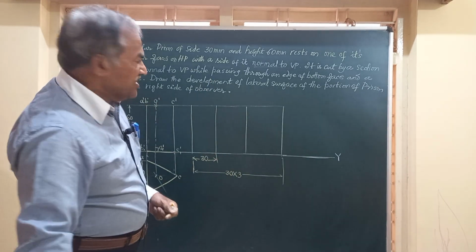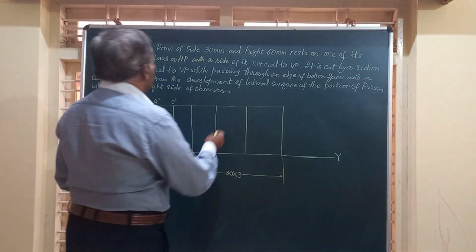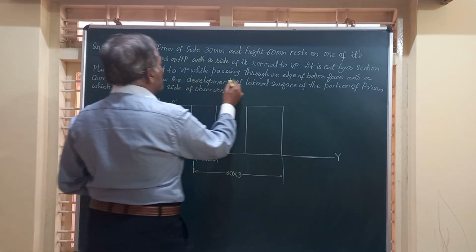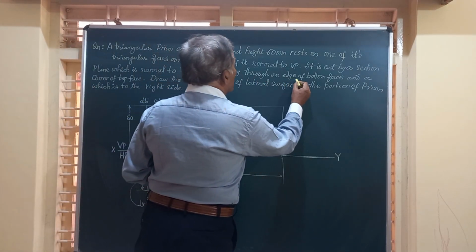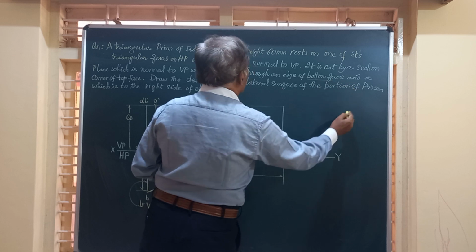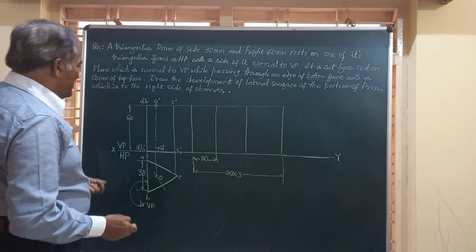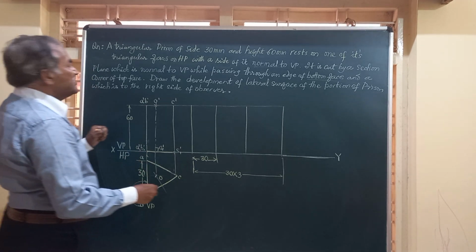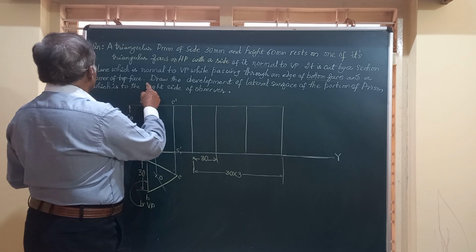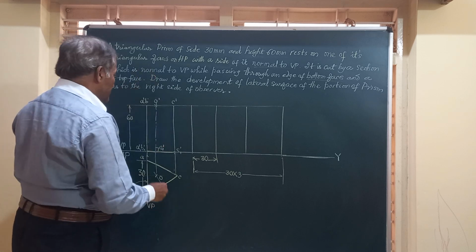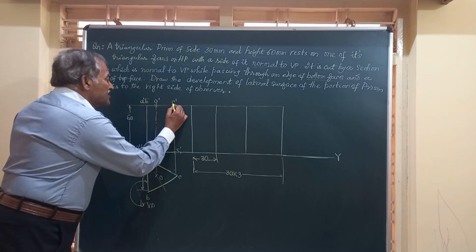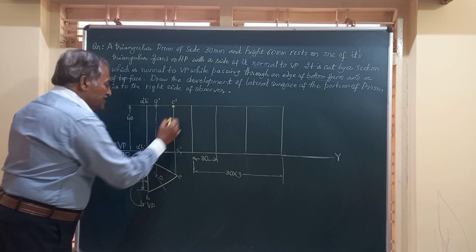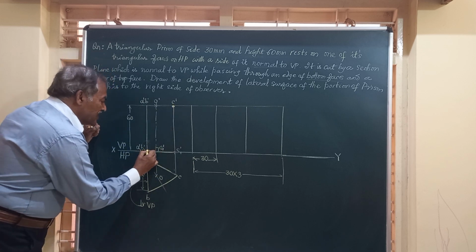So friends, this section plane cuts the solid while passing through an edge of the bottom face. Which is the edge of the bottom face? Bottom face, the edge is A1 dash, B1 dash, and the diagonally opposite corner of top face. Top face is this one, the corner is here. The bottom face is this one, the edge is here.